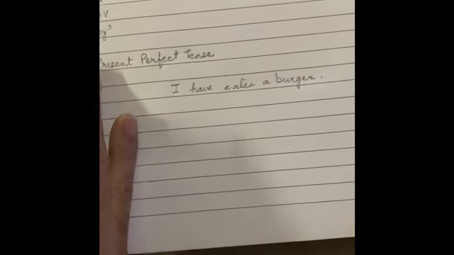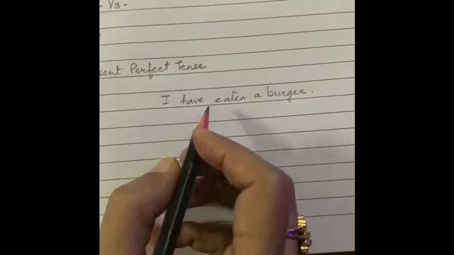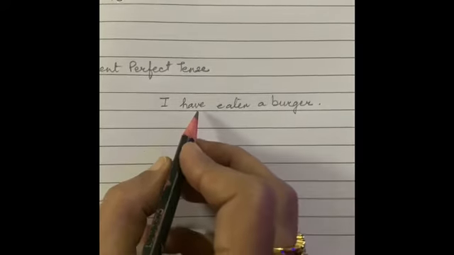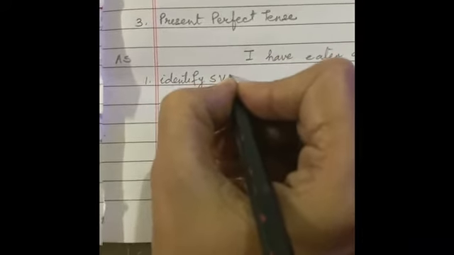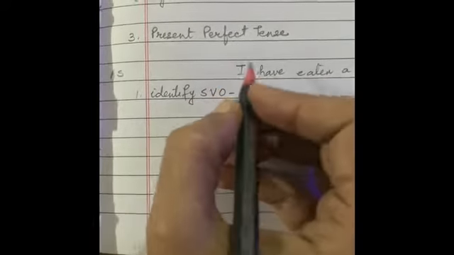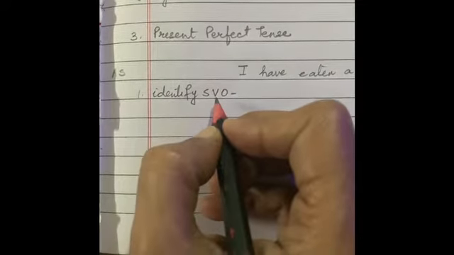Now for changing this active sentence into passive, we need to identify SVO. Step number 1, identify SVO, isn't it? That is subject, verb and object.